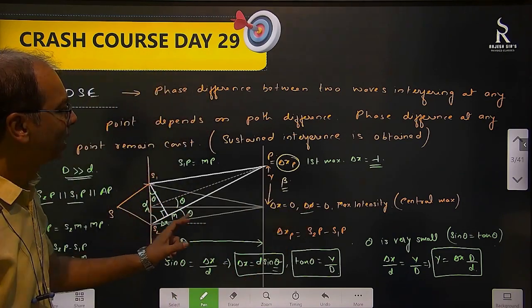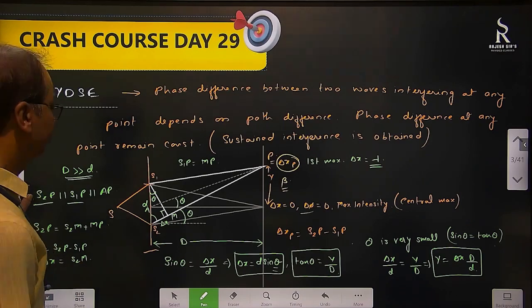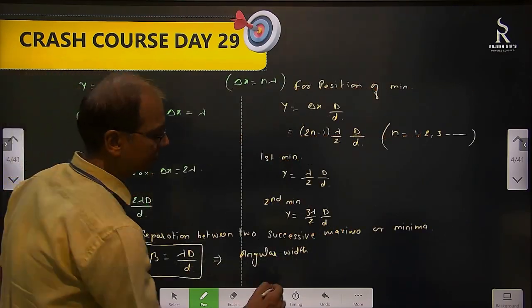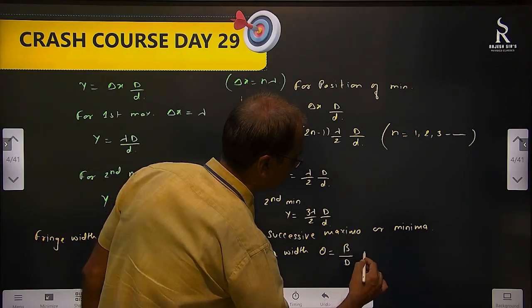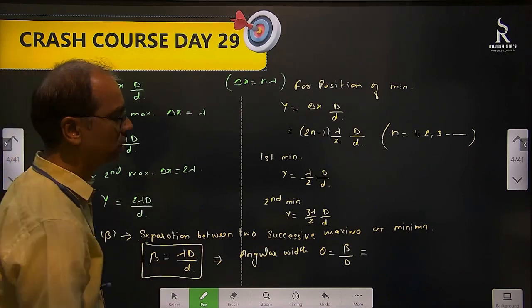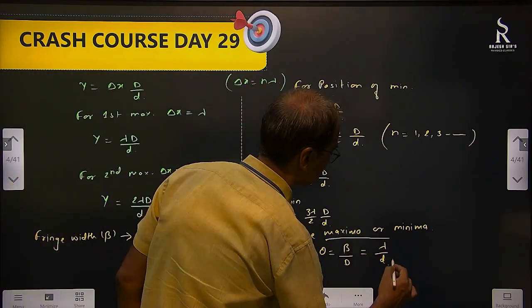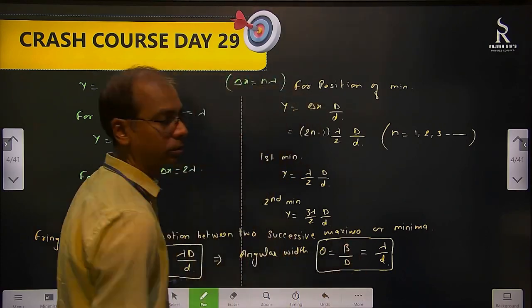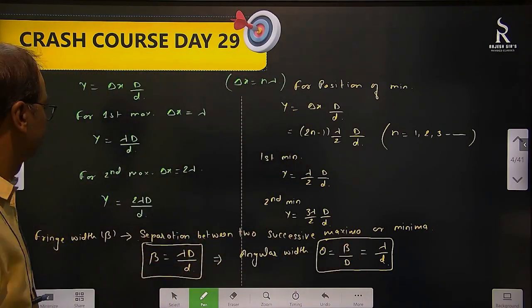So theta equal to beta by capital D. That is angular width. Beta value is lambda D by d, so it will become lambda by d. This is angular width. Both the formulas we should remember. Clear?